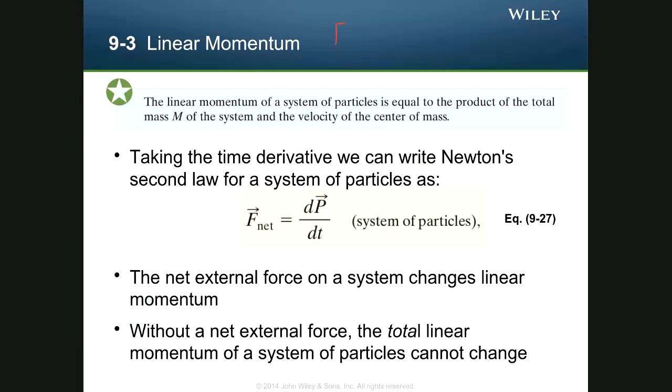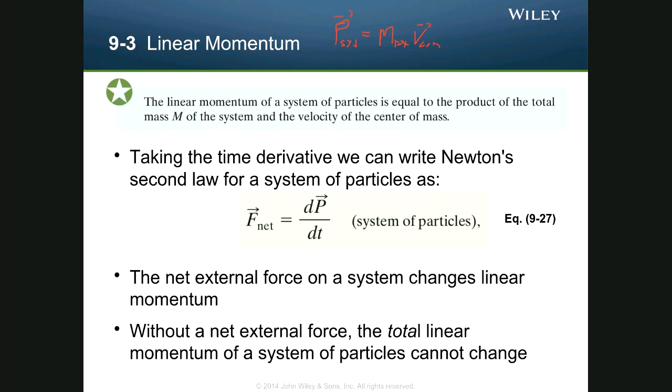So P system is equal to the product of the total mass, m tot, times v of the center of mass. And these are vectors. Okay?